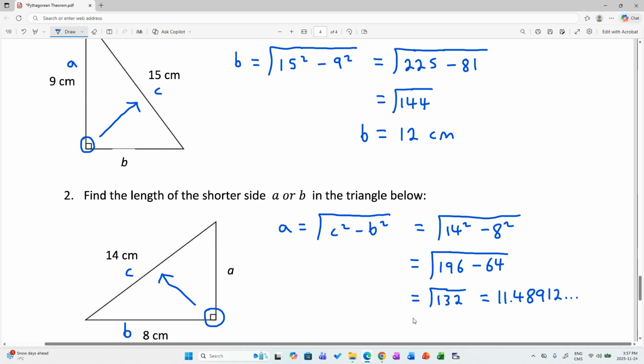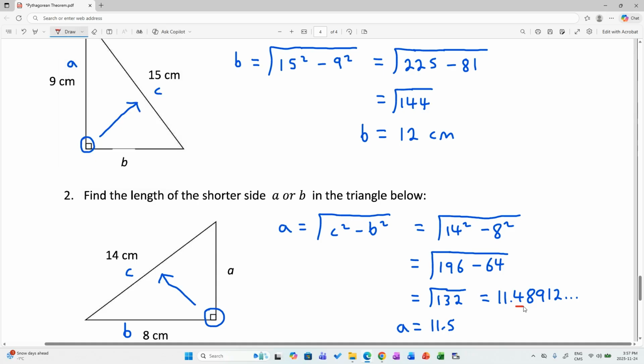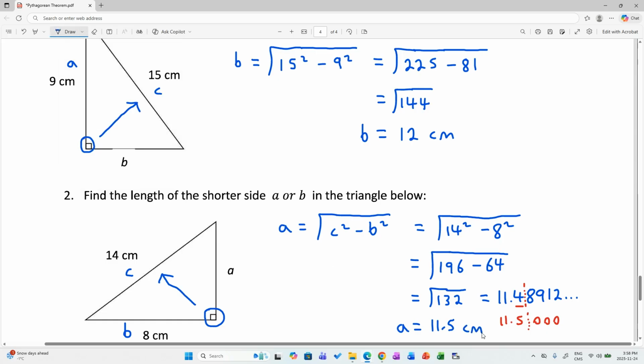And if I were to round it to the nearest tenth as an answer, I would simply say A equals 11.5 because the 4 is my tenths place and the 8 is 5 or greater, so it rounds up to 11.5, and then everything else after that becomes a 0. So my final answer for A would be 11.5 centimeters.